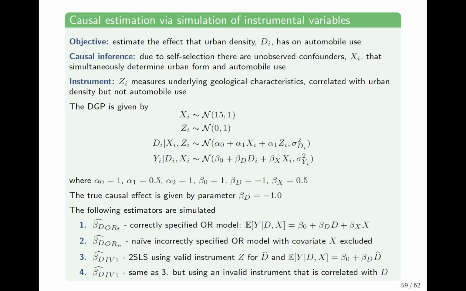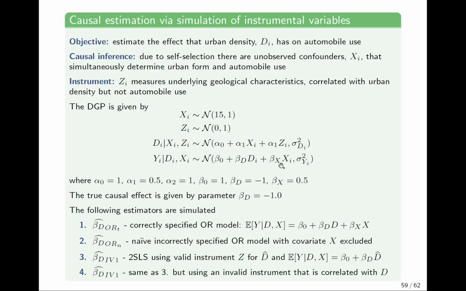So this is the data generating process we've specified. These are our covariates that we don't observe. This is our instrument. This is the model for the treatment, and you can see that the instrument appears here, so it's relevant. That is, it has a tangible effect on assignment to treatment. This is the outcome regression.